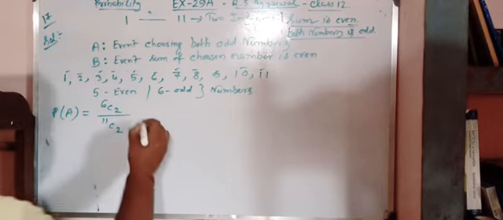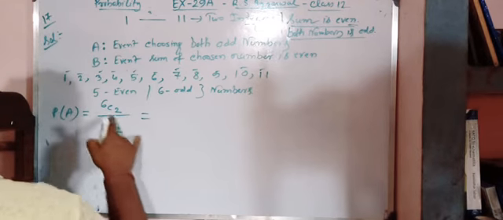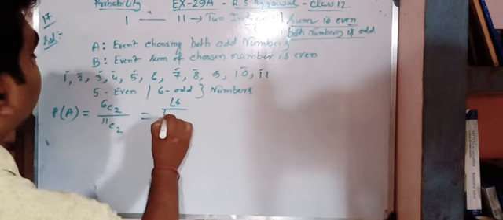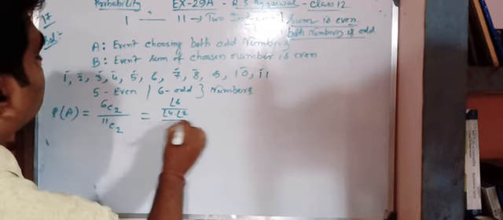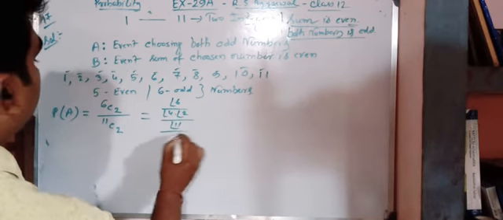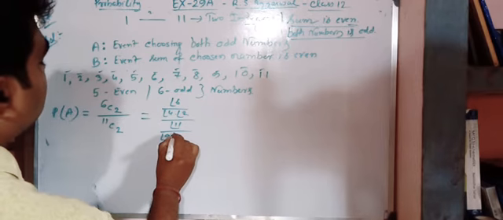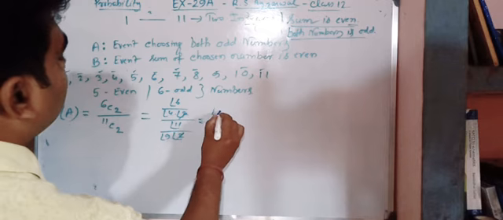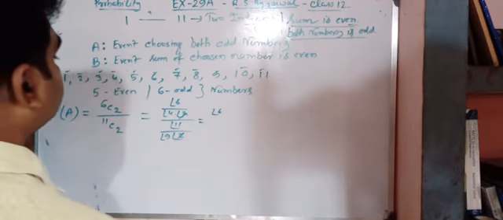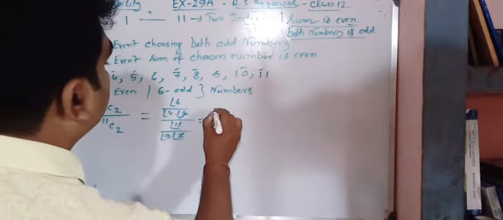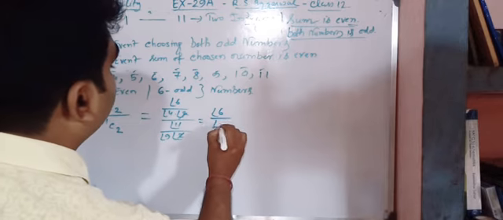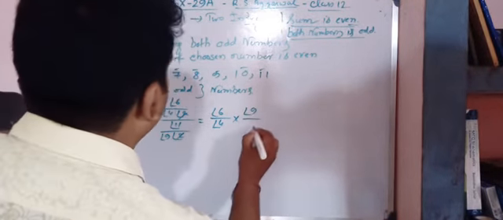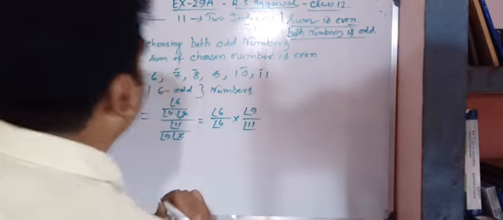Now the calculation. 6C2 means factorial 6 by factorial 4 into factorial 2, divided by factorial 11 by factorial 9 into factorial 2. So factorial 6 by factorial 4, into factorial 9 by factorial 11.